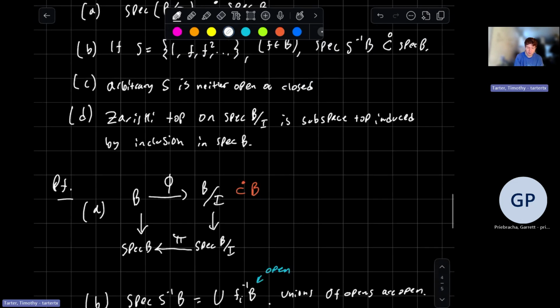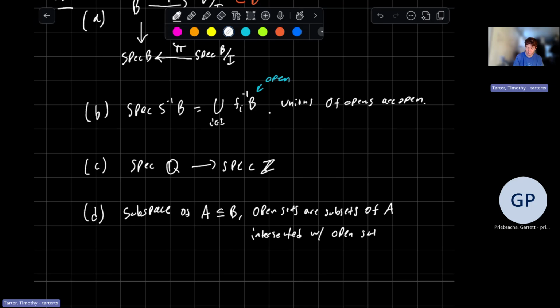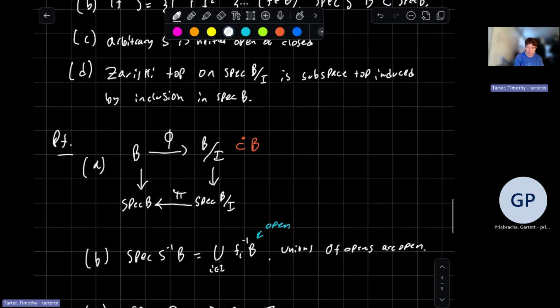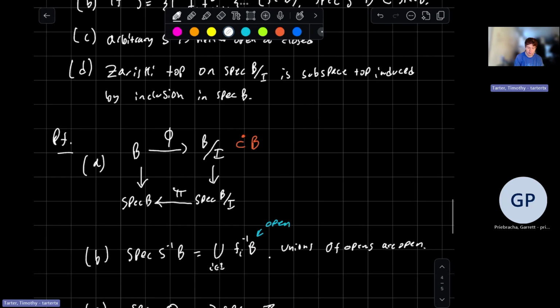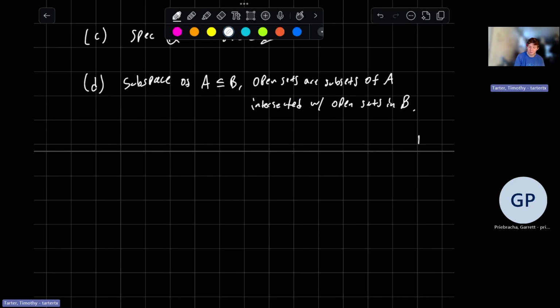And then for D, the subspace topology of A contained in B has that open sets are subsets of A intersected with open sets in B. Right, so any subset of A intersected with open sets in B. And so then spec B mod I is literally just the open sets in spec B, but I, so that's just by definition.